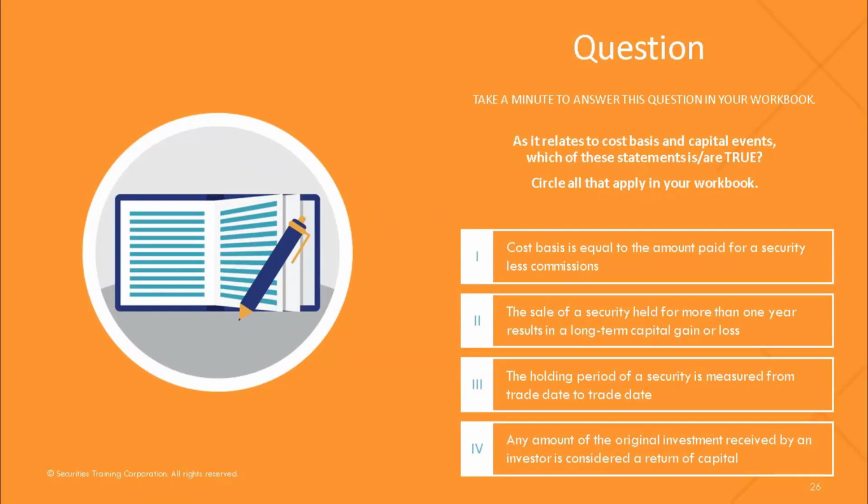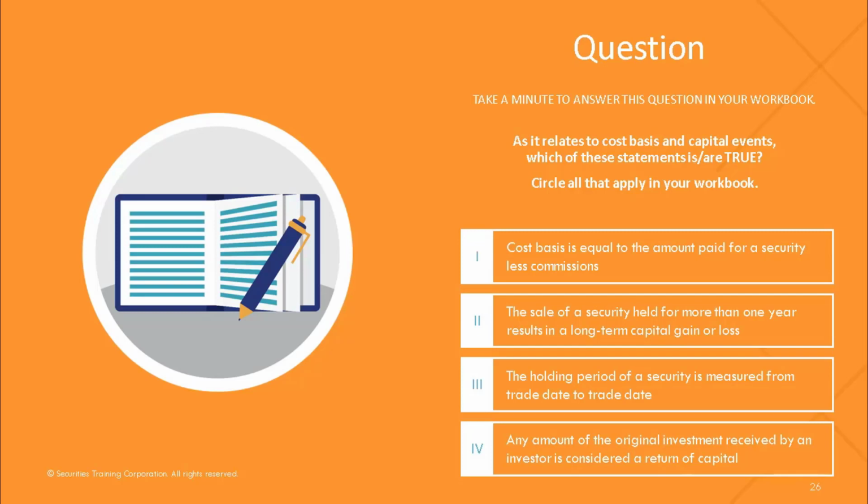Now let's take a minute and answer the following question in your workbook. Question is as follows. As it relates to cost basis and capital events, which of these statements is or are true? Circle all that apply in your workbook. And there are 4. Number 1, cost basis is equal to the amount paid for security less commissions.